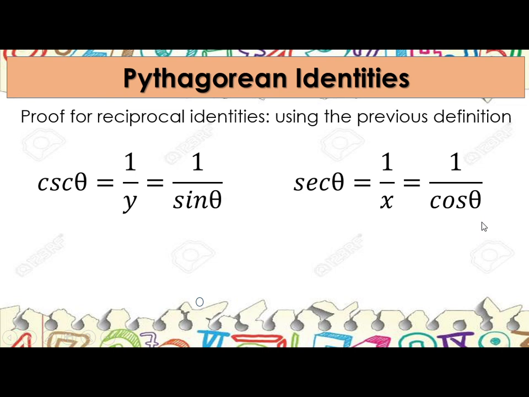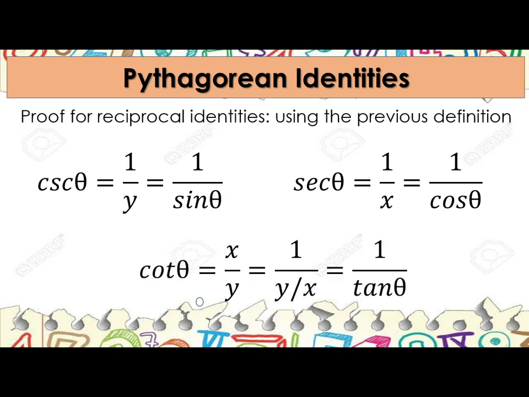Okay? And for the cotangent theta, we all know that it is equivalent to x over y, isn't it? So again, if we substitute, y over x is the tangent, isn't it?